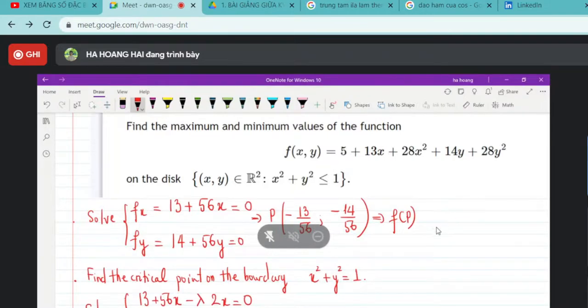Combining the conditions, from the first two equations we can get lambda. We eliminate lambda, so we have fx divided by 2x equal to fy divided by 2y, right?